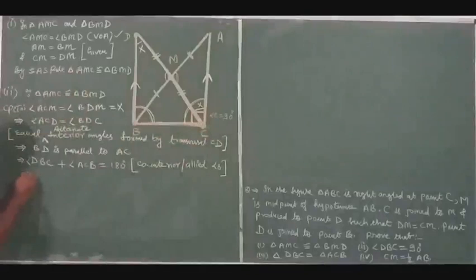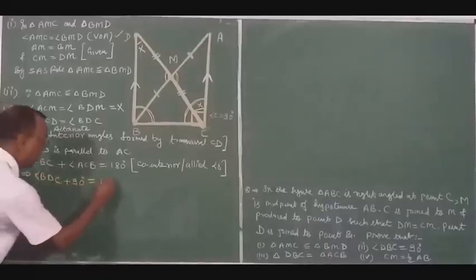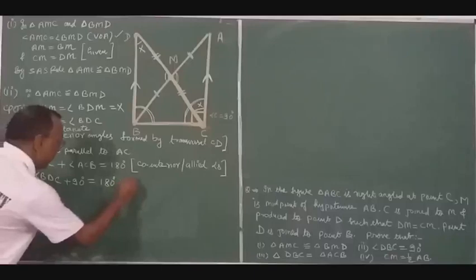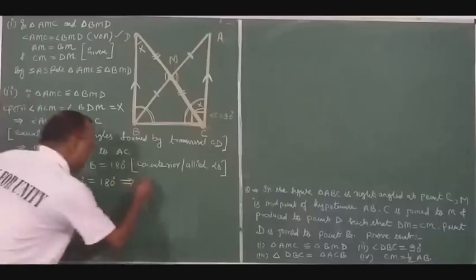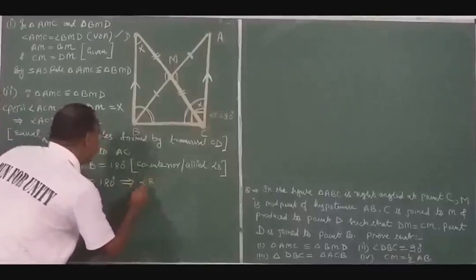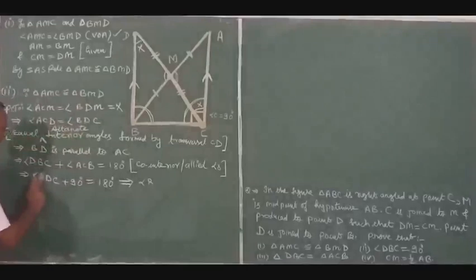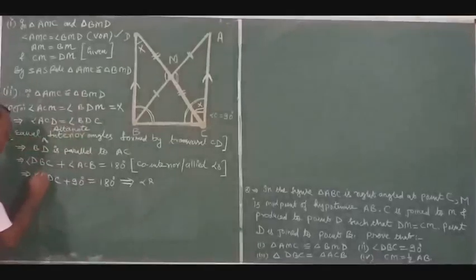So now what will happen? It means angle DBC plus 90 is equal to how much? 180 degrees.